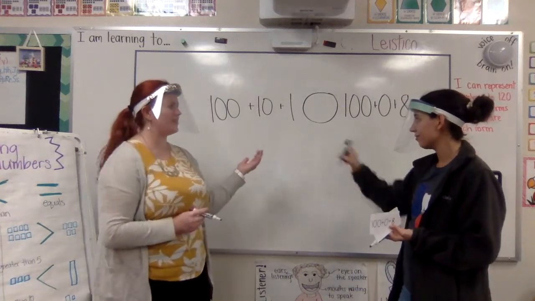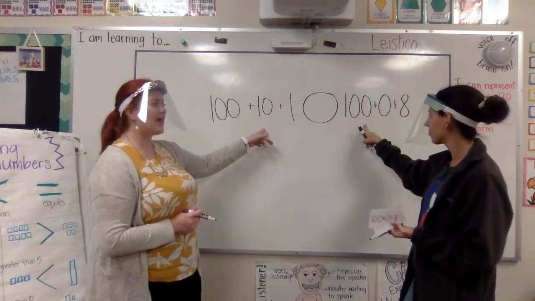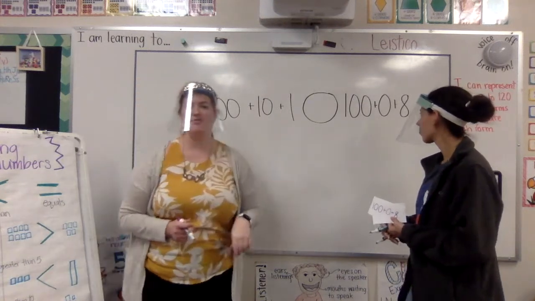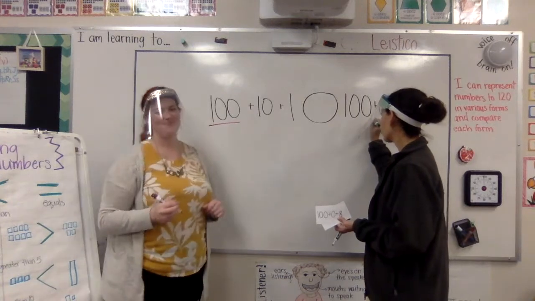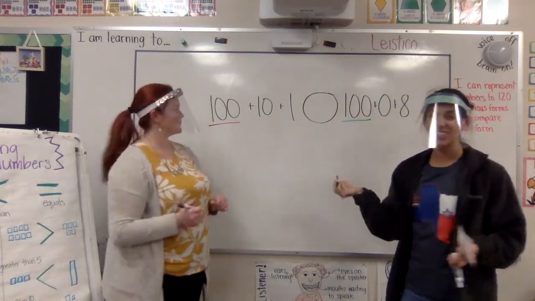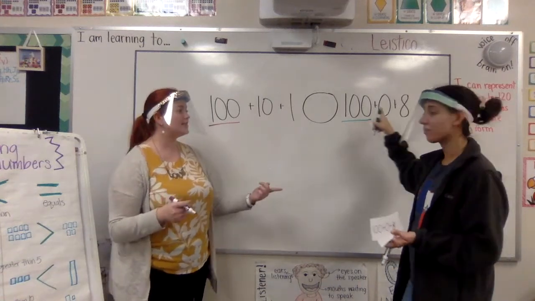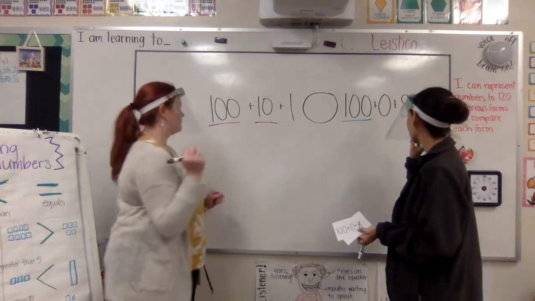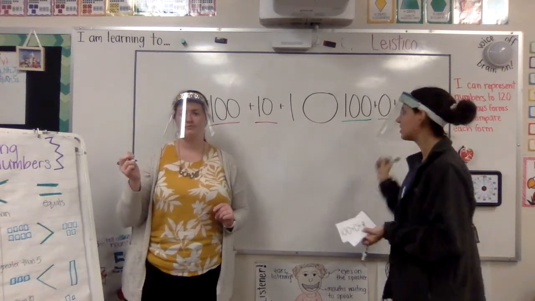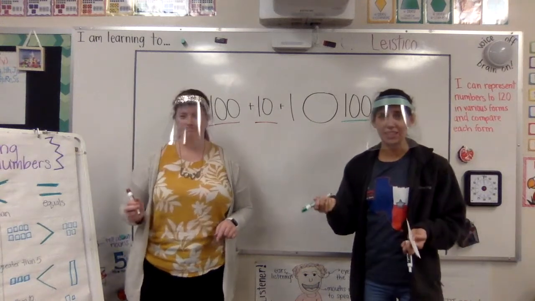Well, we should start comparing these numbers. Let's see. I have the value of my hundreds plus the value of my tens plus the value of my ones. Well, Miss Lestica, I have 100. Do you have 100? Oh, I know we look at the hundreds first. I have 100 too. So far, we're the same. Okay, now let's look at our tens then, since our hundreds were the same. I have 10. And I have 0. Oh, 10 is definitely greater than 0.